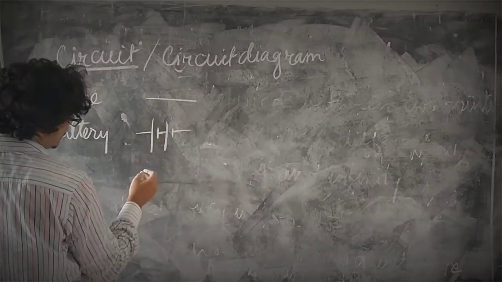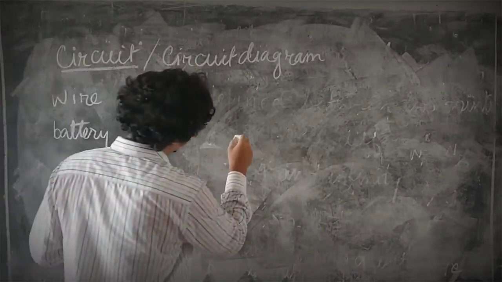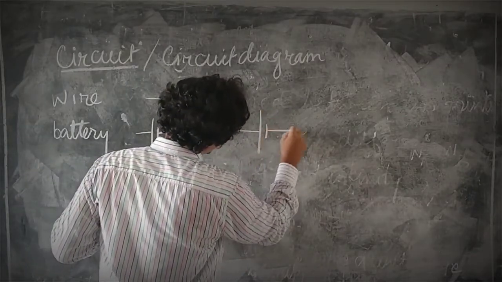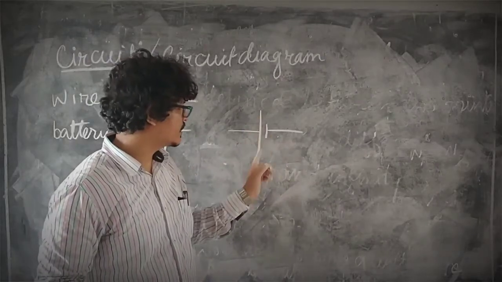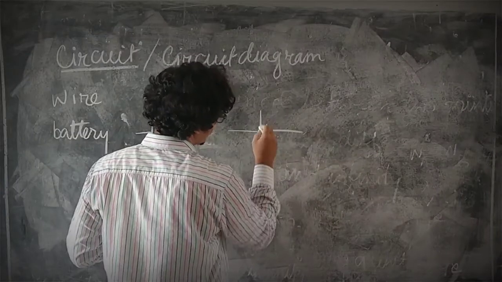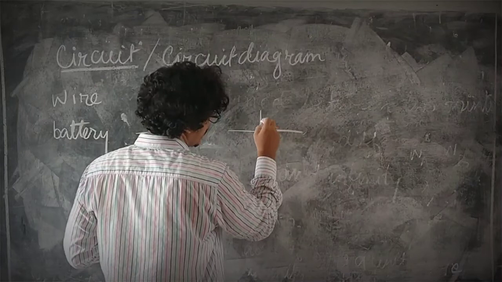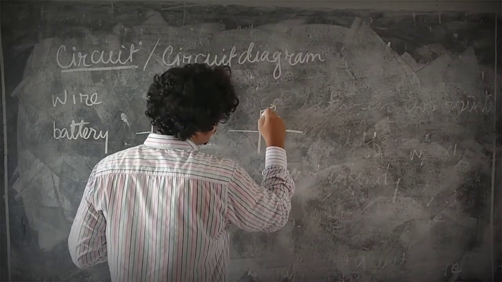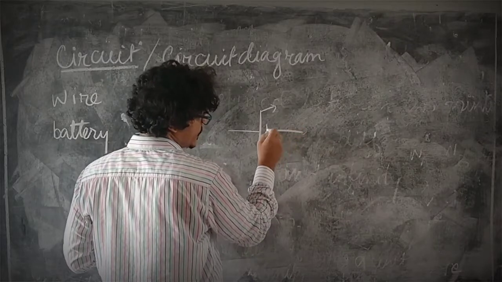See here, point to be noted that two parallel lines are there, but one is longer than the other. This shows that this terminal is at higher potential compared to this one.